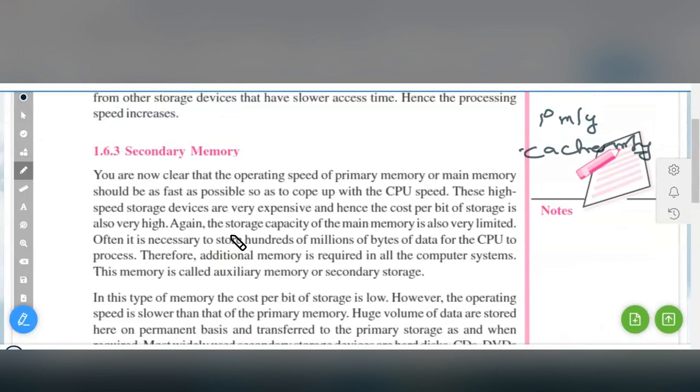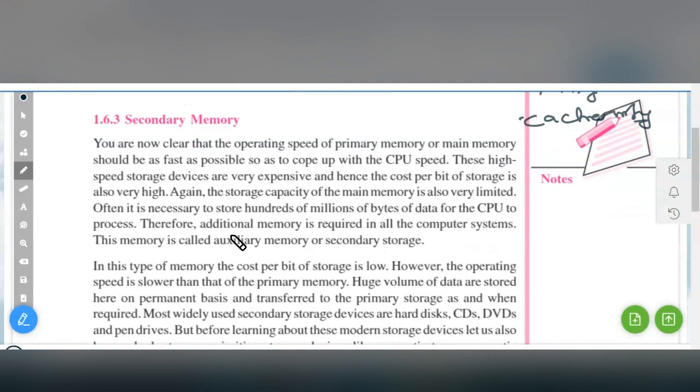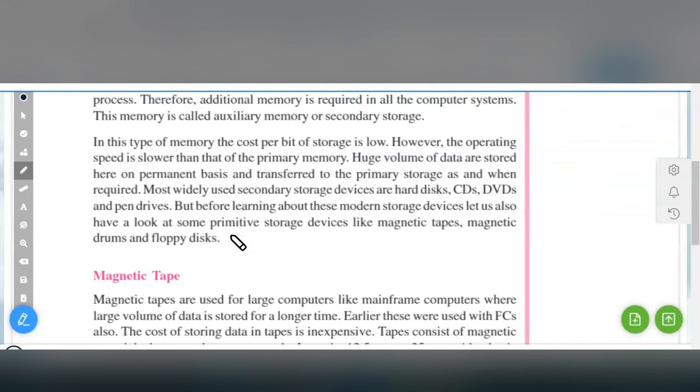Primary memory doesn't have the speed the CPU requires, whereas cache memory has high speed, but it is a little more costly or expensive as a storage device. So there comes the use of secondary memory. Secondary memory is not as costly as cache memory, and it also has higher capacity than primary memory, which helps the CPU with processing.